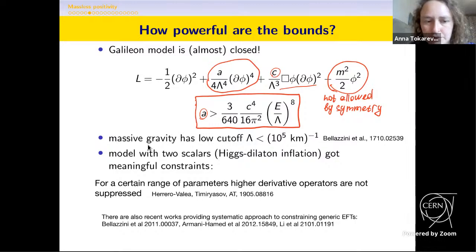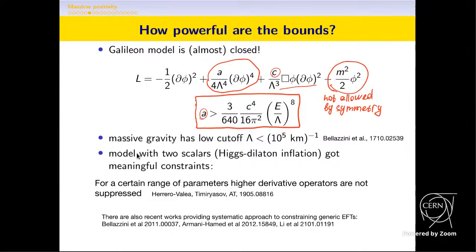The same conclusion was obtained for massive gravity. It must have quite a low cutoff scale, which makes it problematic to see how this can be used for explaining dark energy.